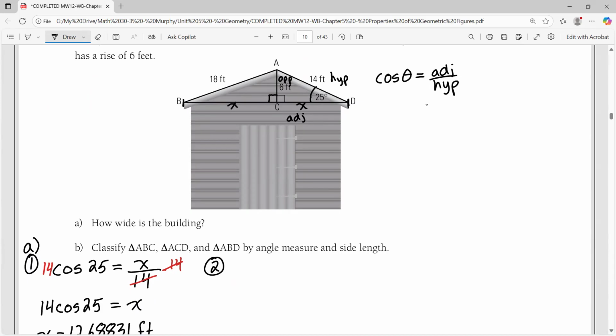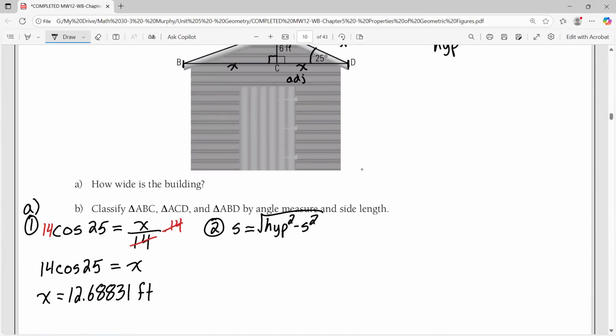So x is a side length. So we're going to use this equation. Take the hypotenuse, square it, subtract it from the other side that you do have, and square root. Okay, so I'm going to replace s with x. And then our hypotenuse is 18 minus 6, square root. And if we crunch that number, we'll get 16.97056. Okay, and I took 5 decimals, and that's feet.